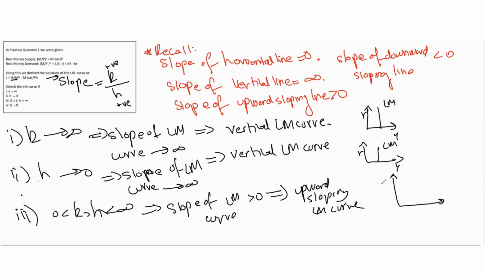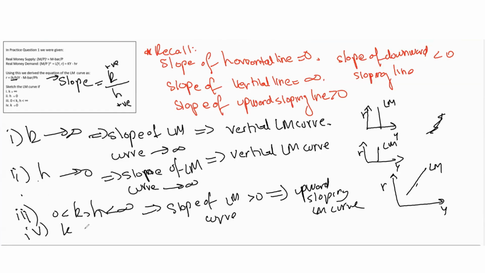If we want to sketch it, this is R, this is Y, this is LM. I've drawn it as a straight line rather than a curve because we have a linear LM curve, a linear function of Y, with Y to the power 1.